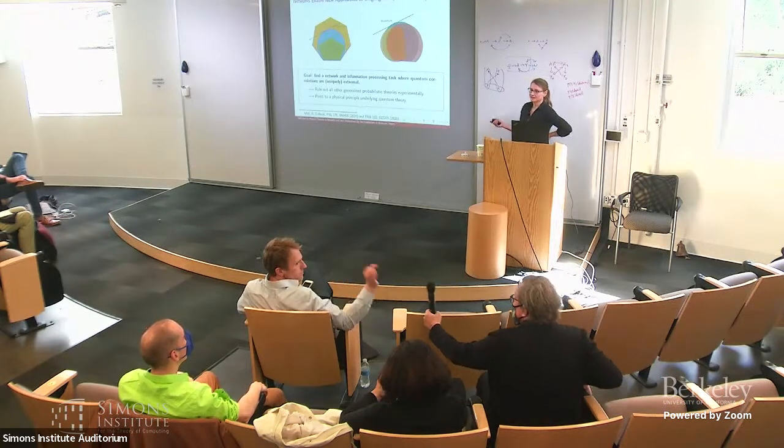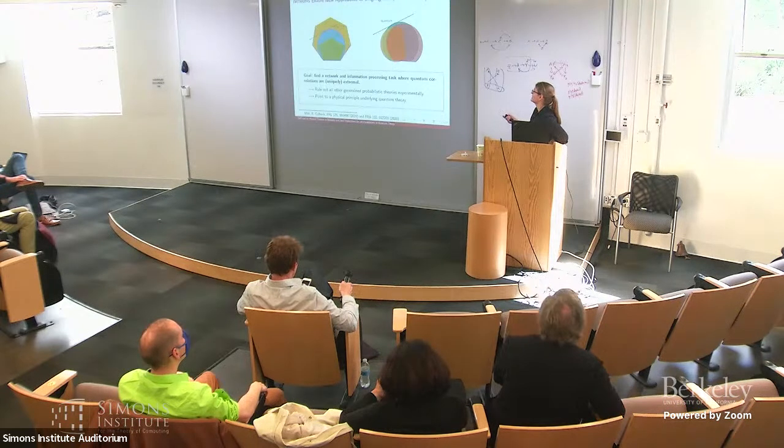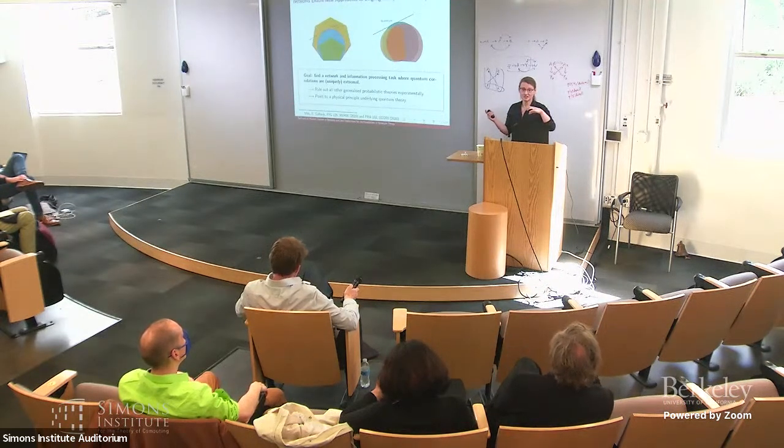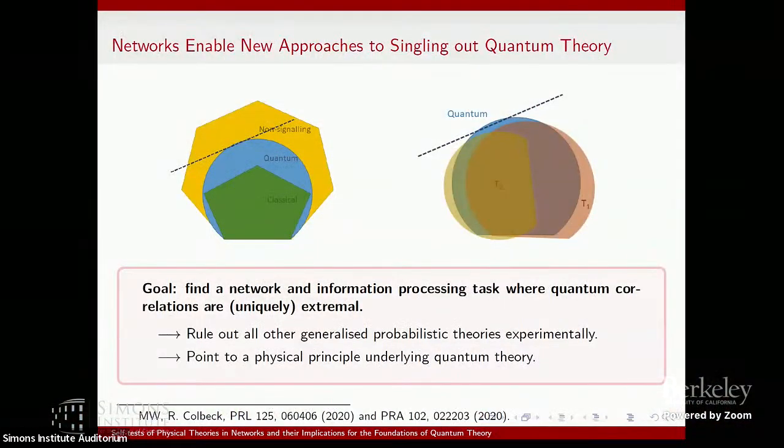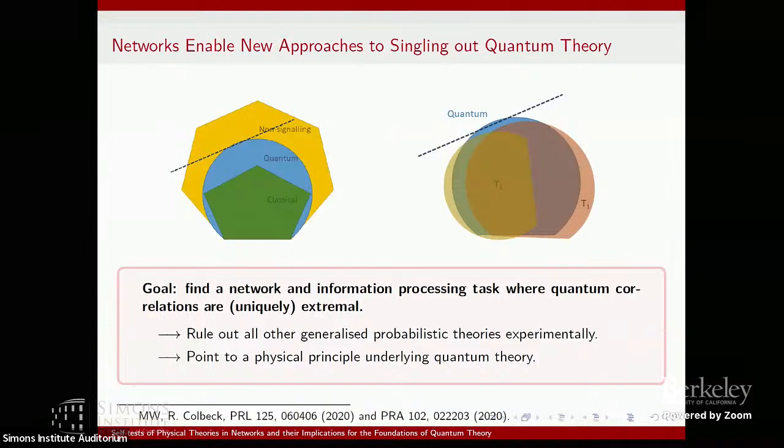Okay, yes. So I guess this is a step towards it. What I would like to do, and this is what I would say is a self-test of a physical theory, is to find a point where it's uniquely extremal in this work. And then the experimental test comes relatively directly, but the step to then extract the physical principle out of it is not immediate. So I wouldn't say the game is the physical principle, but you will find aspects that you need of quantum theory and that other theories don't have, that otherwise you would find natural as well.